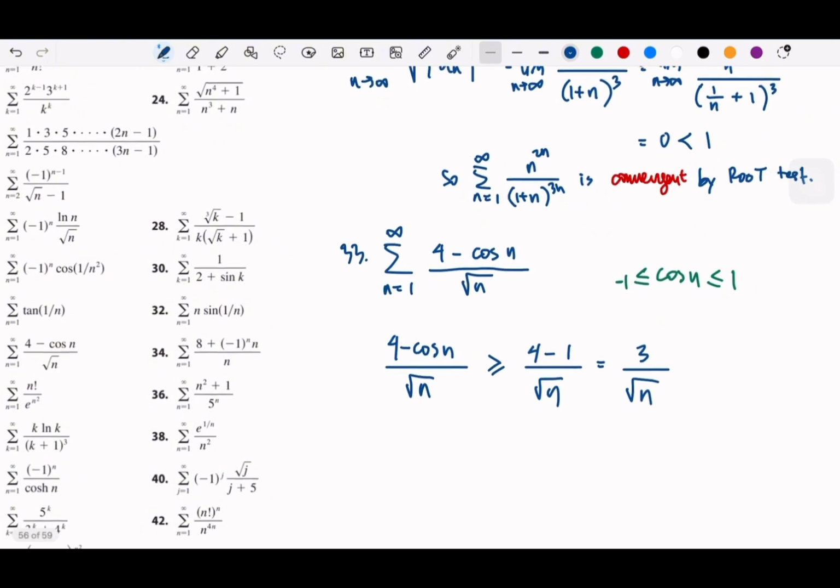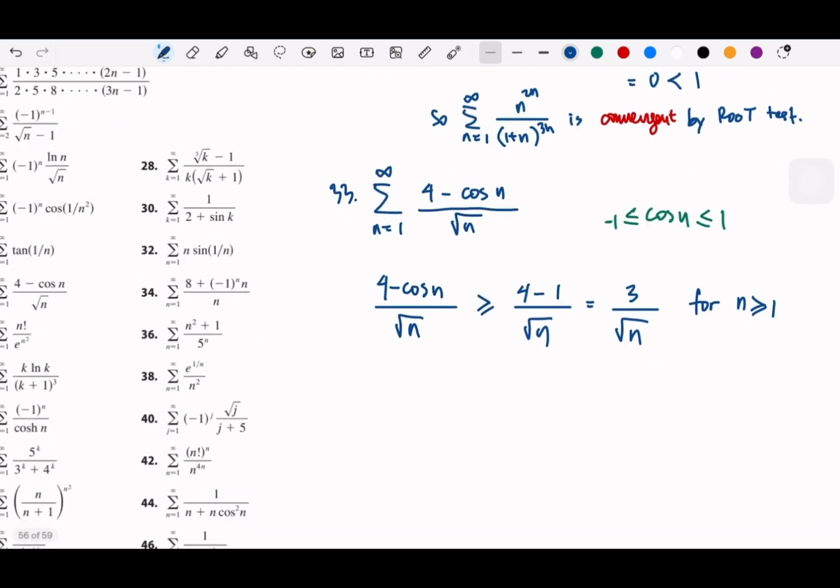At least this is going to be true for n starting from 1. And we know that the series of 1 over square root of n from 1 to infinity, will it converge or diverge? Converge? Are you sure?